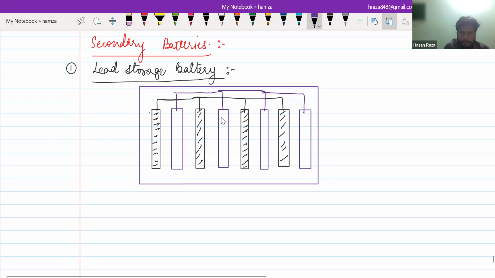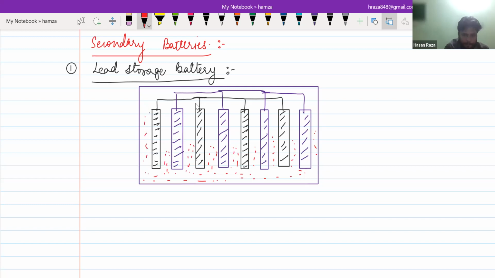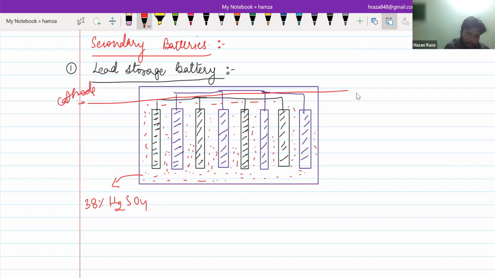Now there is a solution of concentrated H2SO4 in this, 38% H2SO4. This is cathode and this is anode.